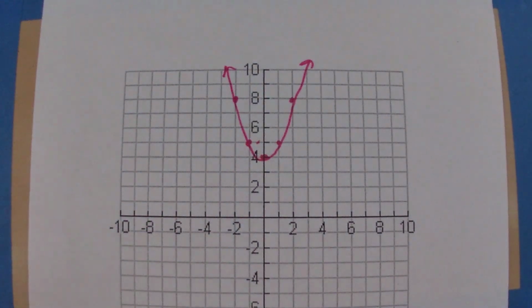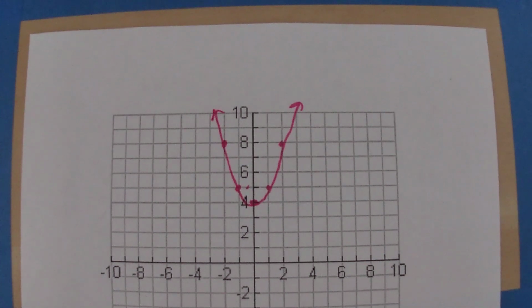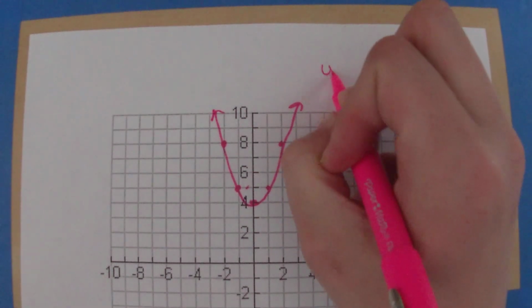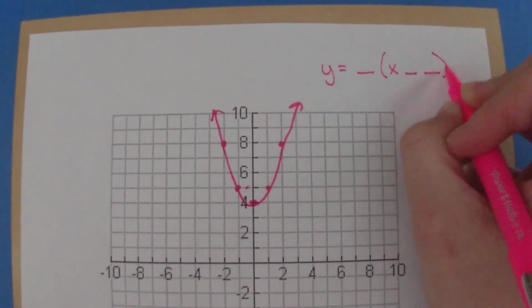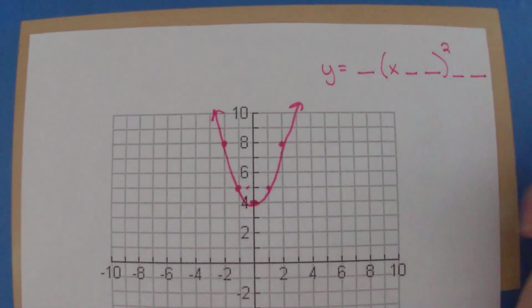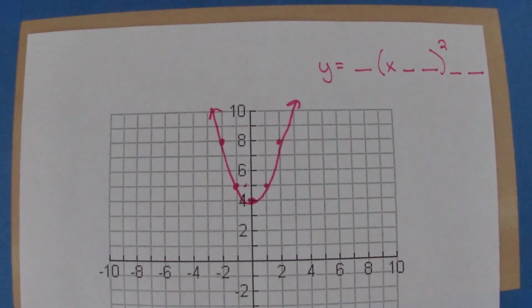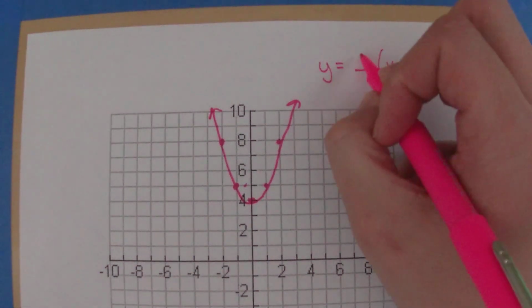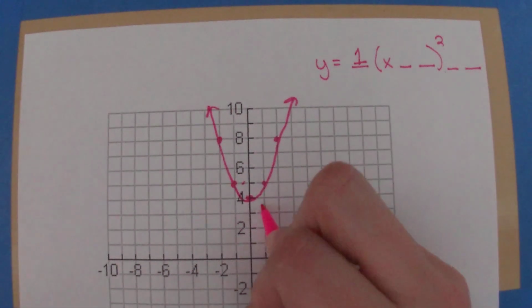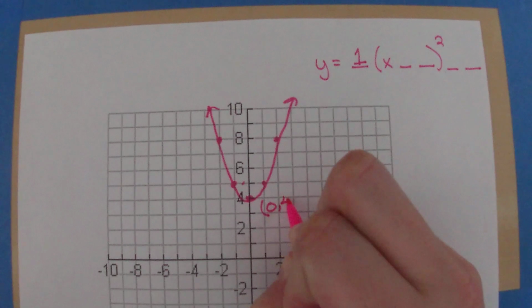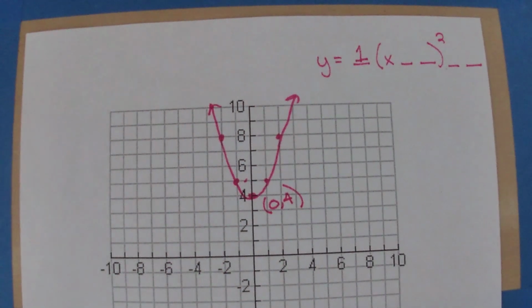Okay, so let's look at this graph. I'm going to write on the top here so we can see them both. This parabola opens up, so we know our a value goes in front, and we want that to be a positive one. Now our vertex here is the ordered pair (0, 4).